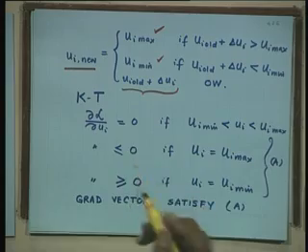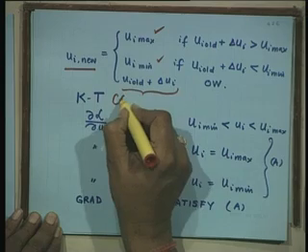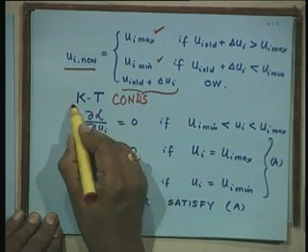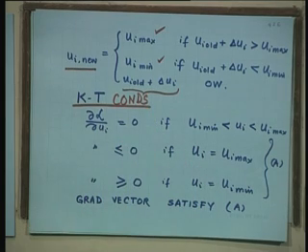Now, KT is Kuhn-Tucker conditions. I hope you have by now mastered these Kuhn-Tucker conditions, because we are applying them again and again. What do these conditions tell? Please read them in appendix E of any one of the books.